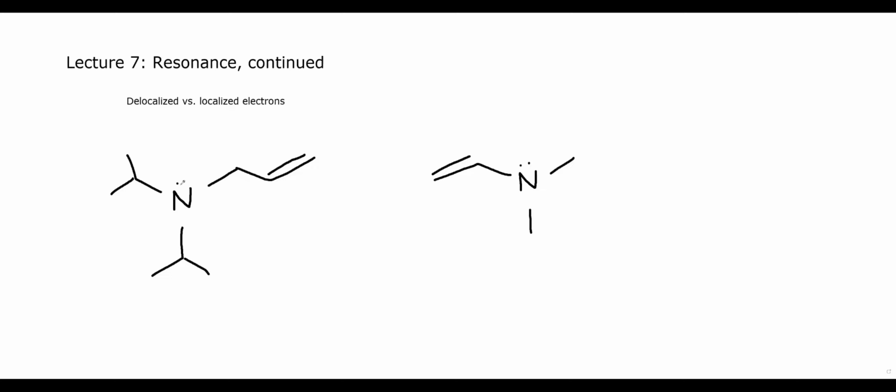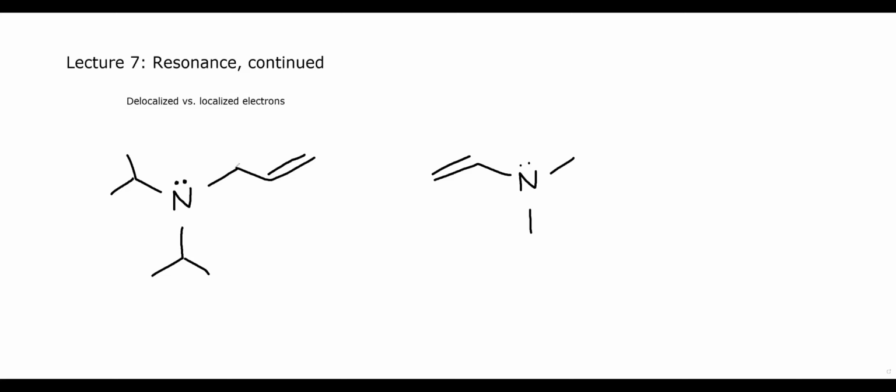So if we look at the structure on the left, we have our lone pair here on nitrogen. Are these electrons localized or delocalized? What we're asking is essentially, are these electrons participating in resonance or are they not participating in resonance? If they are participating in resonance, that means they're delocalized. So looking at the left, these two electrons are not participating in resonance.